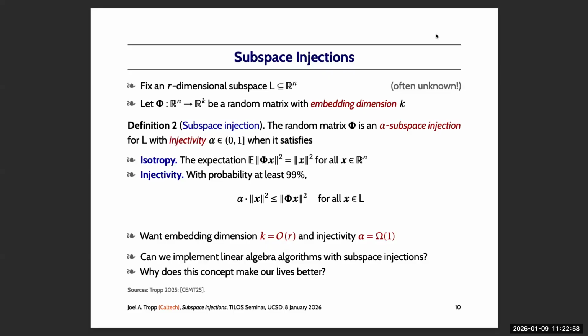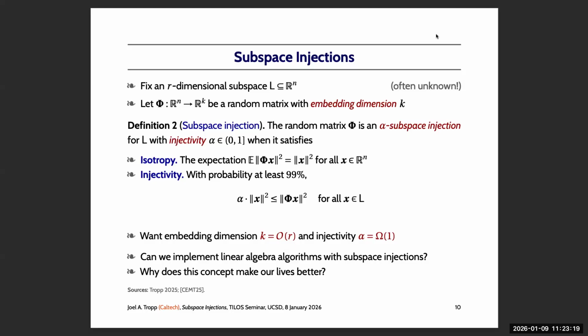So we can't do that. This just guarantees that we're not sending any vector in the subspace to 0. And as before, we want to embed an r-dimensional subspace into twice r dimensions, say, and we want the injectivity parameter to be constant, like 1/2 or something.